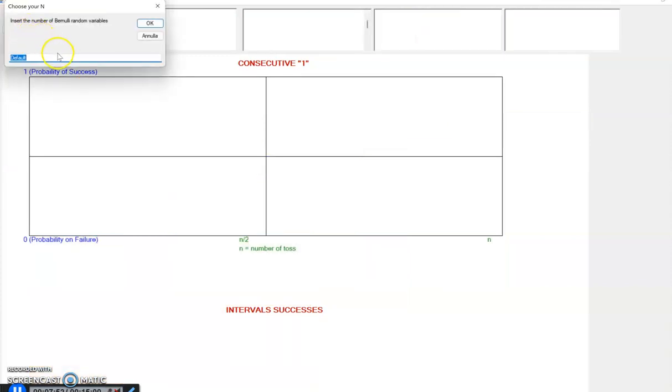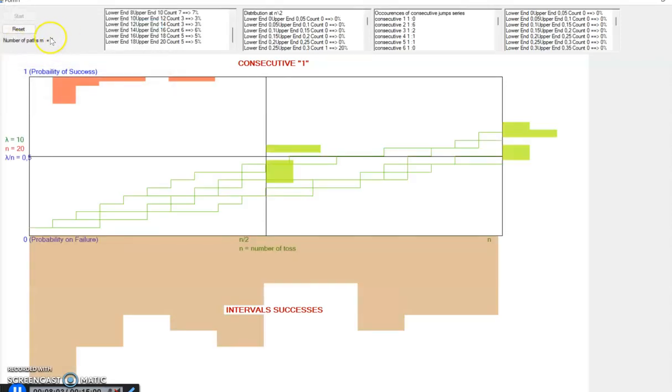If we improve our experiment, for example, with 20 tosses and 5 experiments, and lambda is half of n. In fact, lambda is 10, whereas n is 20, and lambda over n is the parameter that is equally balanced for success and failure. We can see that the distribution changes.